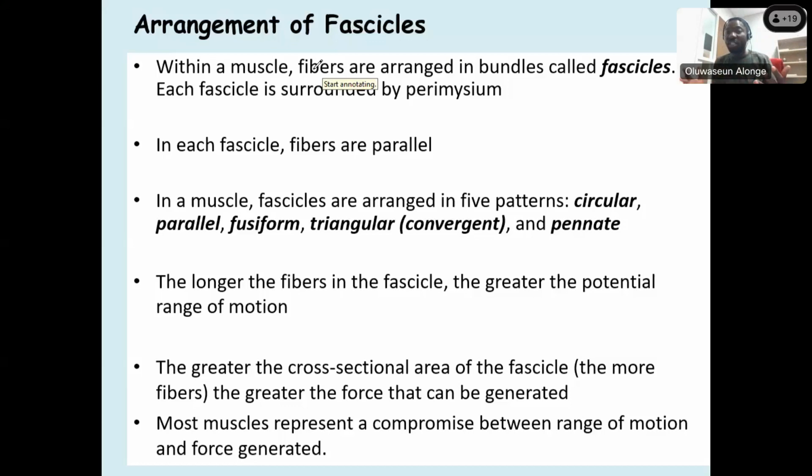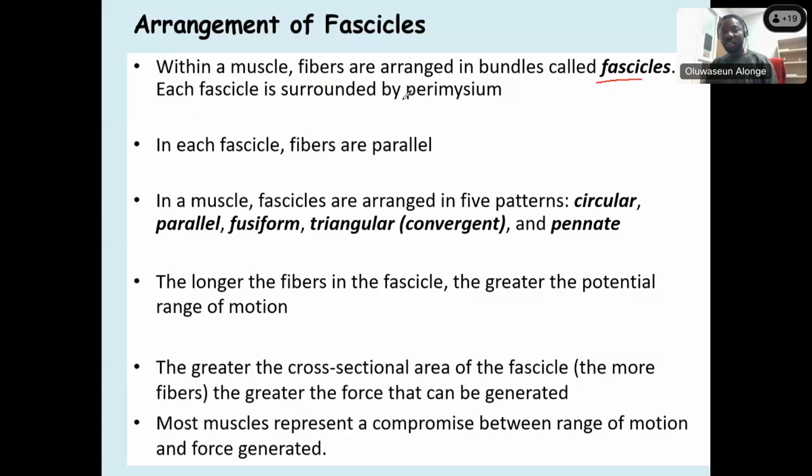So all we are looking at is that every muscle has muscle cells. The muscle cells are gathered in fascicles, and the fascicles are arranged in different forms to form a muscle. So we want to see those arrangements. Within a muscle, fibers are arranged in bundles, and the bundles are called fascicles.